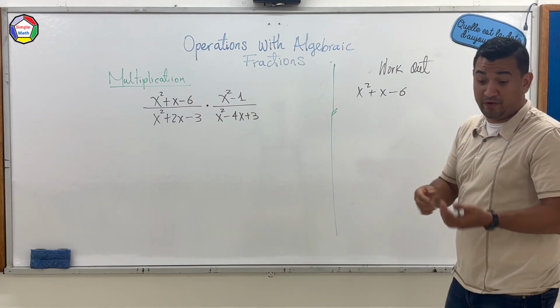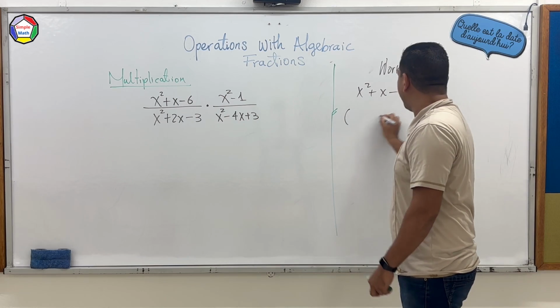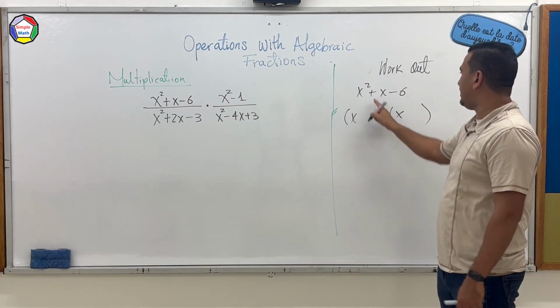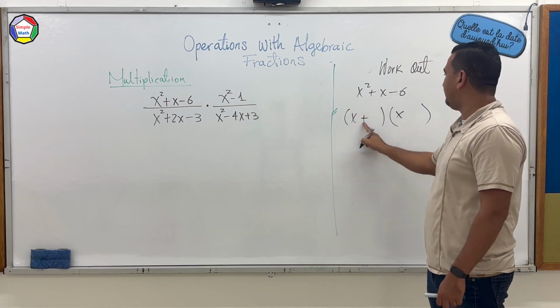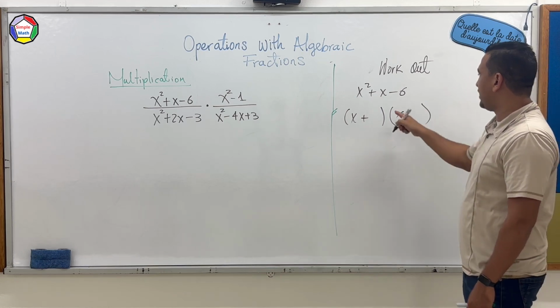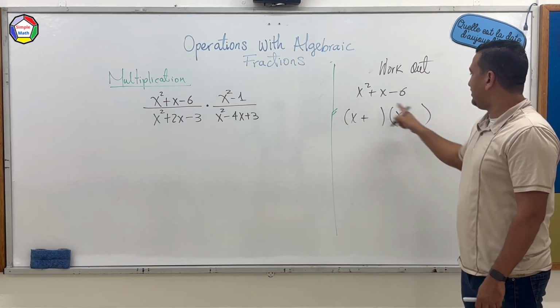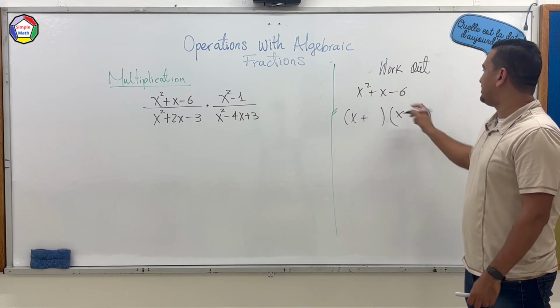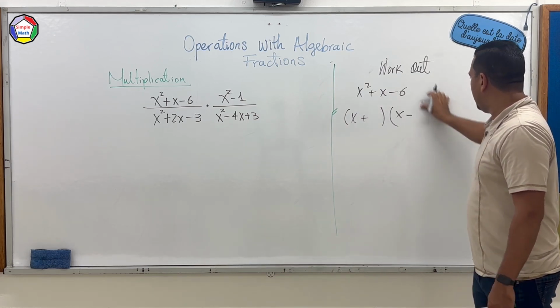So remember the way we factorize this. We open 2 parentheses, take the square root of the first term, and repeat it twice. The first parenthesis must have the sign of the trinomial's middle term. The second sign is the multiplication of these 2 signs, positive times negative, giving negative.